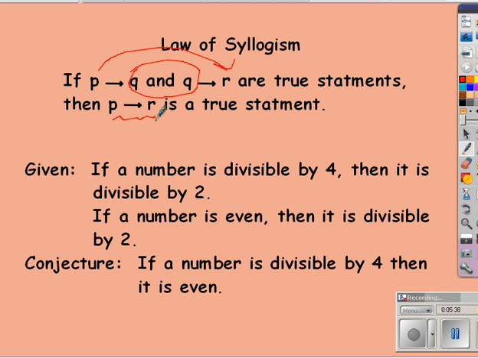To do that, we match the conclusion in the first statement, it is divisible by 2, with the hypothesis in the second, a number is even. Since those are not the same, we cannot make the jump. They have to match. So this would be, based on the law of syllogism, invalid, because they don't match.